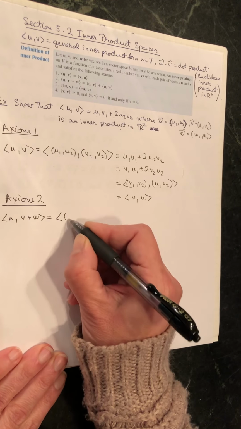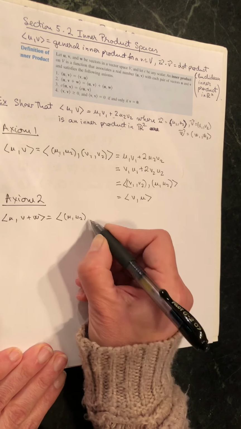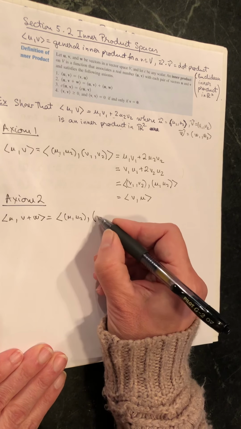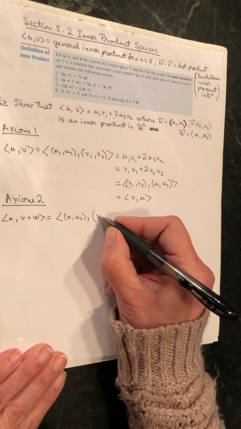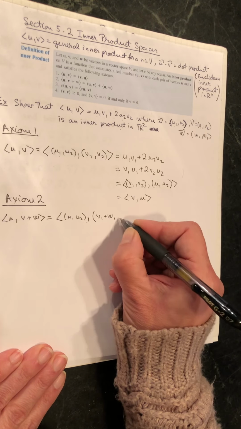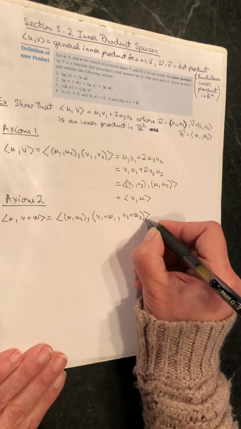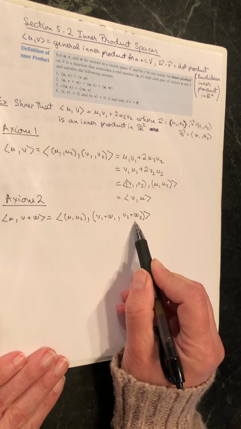That means (u1, u2) with, adding v and w in the next vector here, (v1 plus w1, v2 plus w2). This is because I added v and w here.